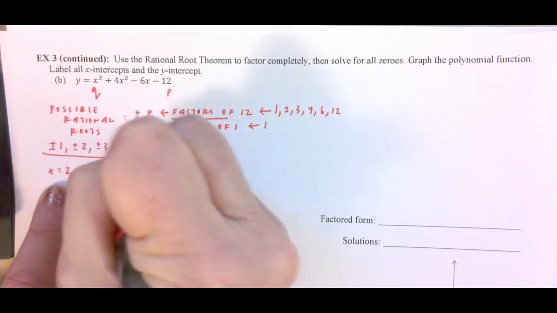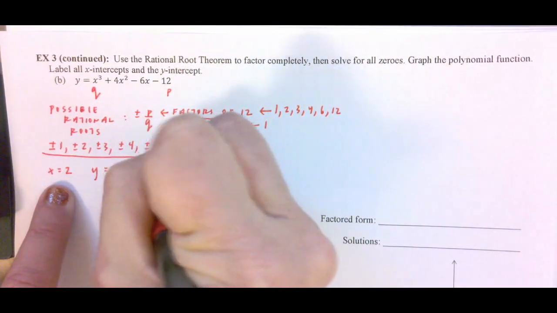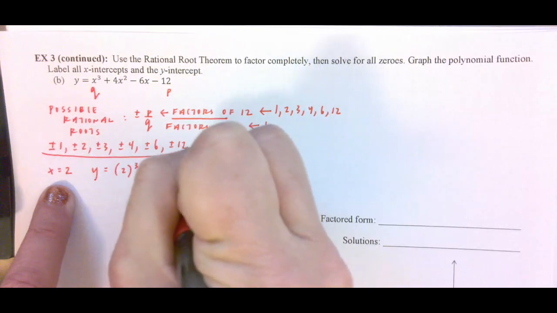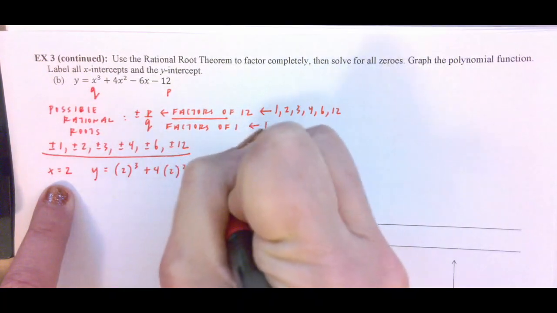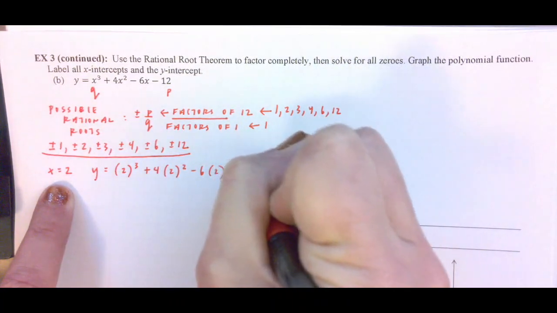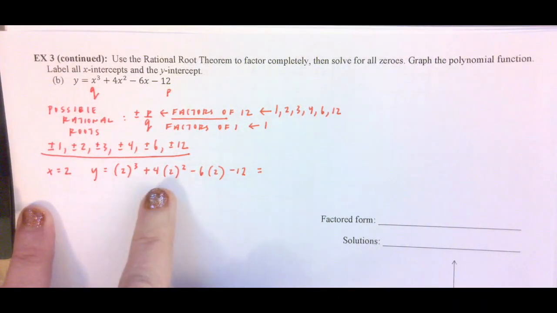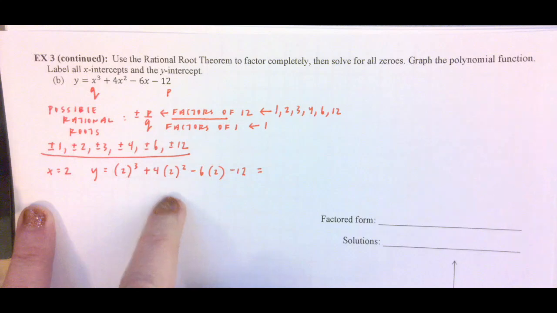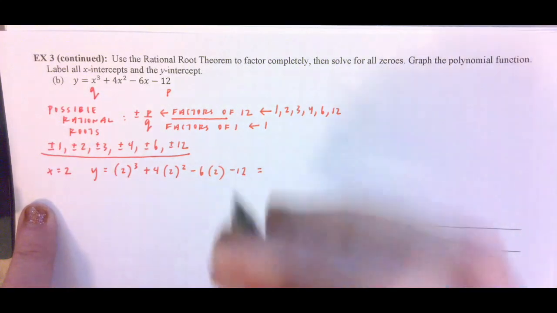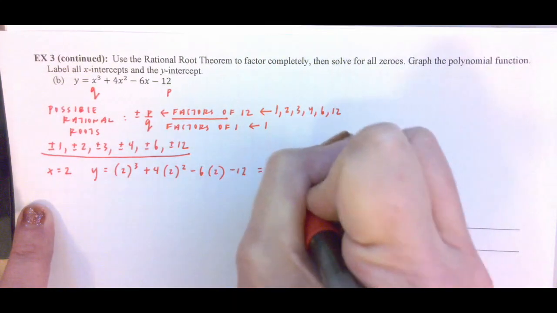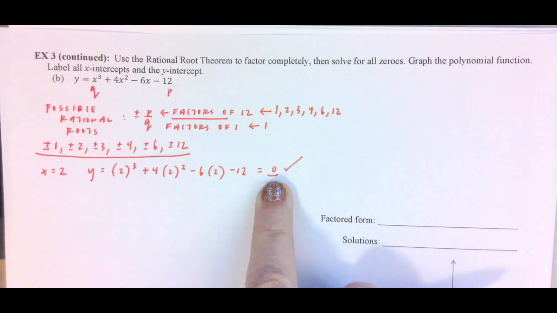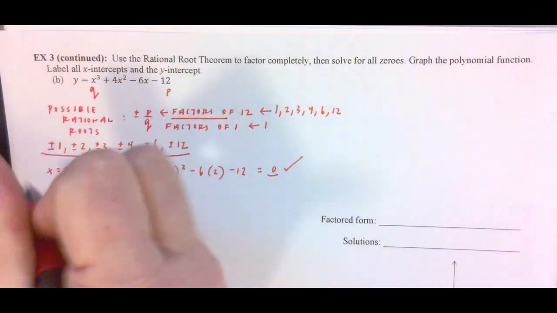Y equals 2 cubed plus 4 times 2 squared minus 6 times 2 minus 12. So here I would have 8 plus 4 times 4 is 16 minus 12 minus 12. And amazing, we found it. Remainder is 0. So we found our first solution. Divide it out.